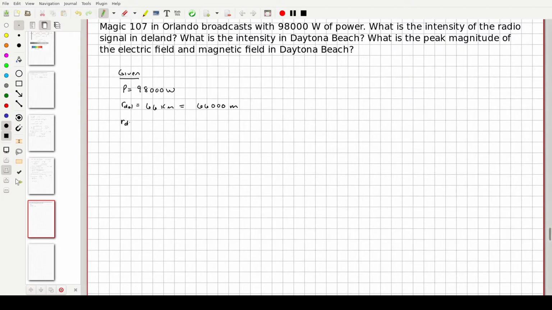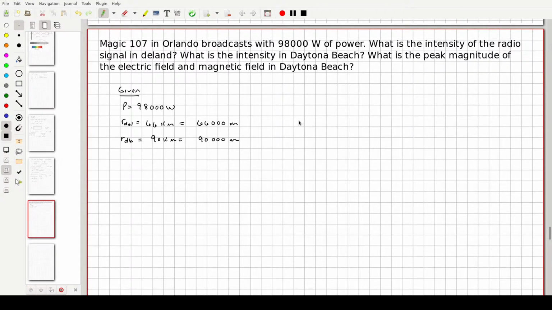The distance to Daytona Beach is about 90 kilometers, or 90,000 meters. Okay? What I'd like to find is the intensity in DeLand, the intensity in Daytona Beach, and also E naught and B naught in Daytona Beach.